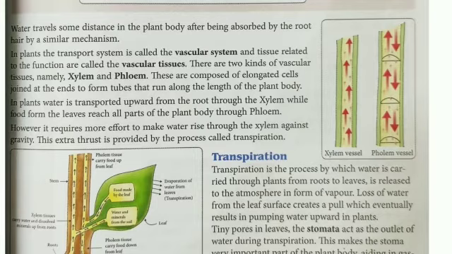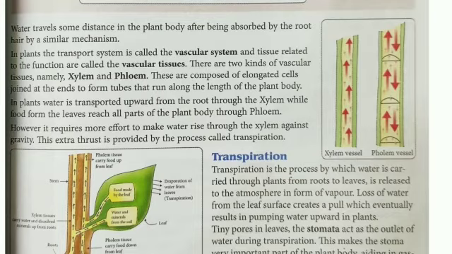In plant, water is transported upward from the root through xylem, while food from the leaves reach all part of the plant body through phloem in all direction. However, it requires more effort to make water rise through the xylem against gravity because xylem has to face gravitation.